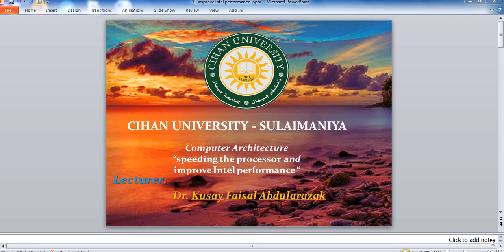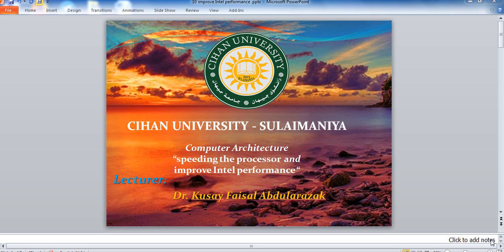Today's lecture is about speeding up the processor and improving Intel performance. After studying computer architecture from the beginning of the semester up to now, we have an idea of how to improve the performance of the microprocessor by using pipelining.